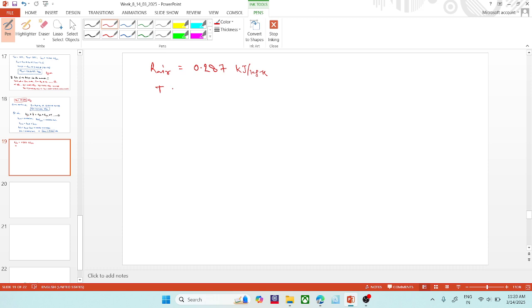Then temperature is already given as 40 degrees centigrade, which would be used in Kelvin. So 40 plus 273 would be 313 Kelvin. So now we have all the values to use equation number 2.